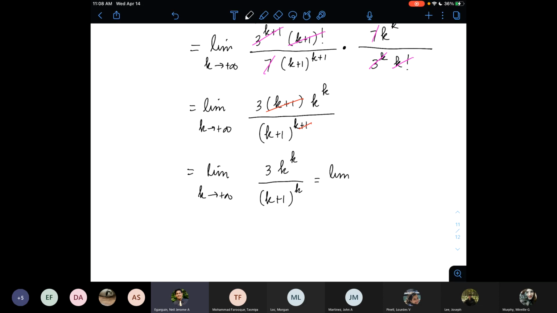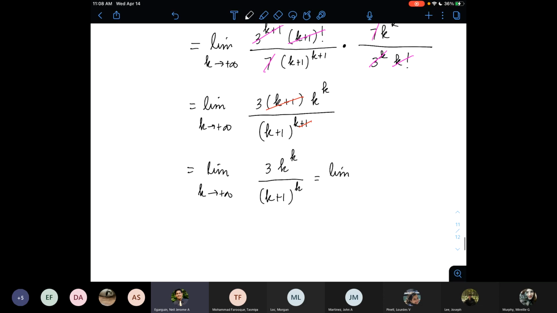And then I can rewrite this by playing with laws of exponents. So I'll keep the 3 there. But you look at this, I have k to the power k, I have k+1 to the power k. I can write them as a single power. That is raising k over k+1 to the power k as k approaches positive infinity. All right, so laws of exponents.